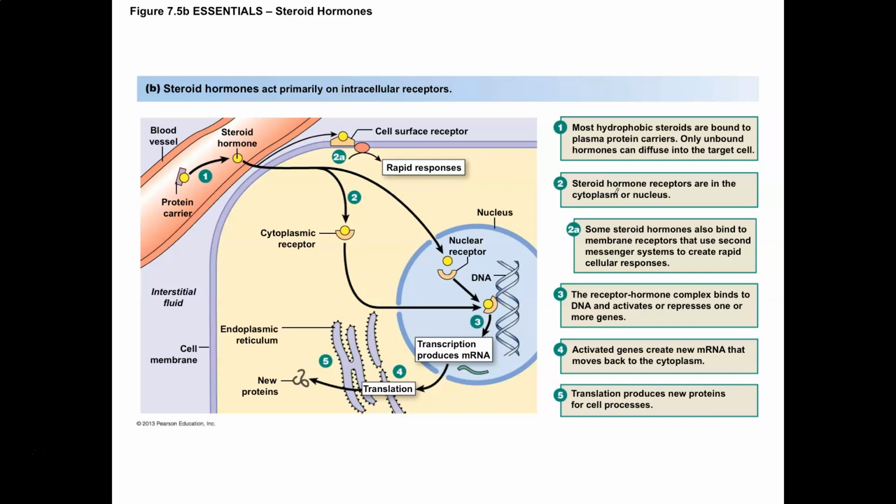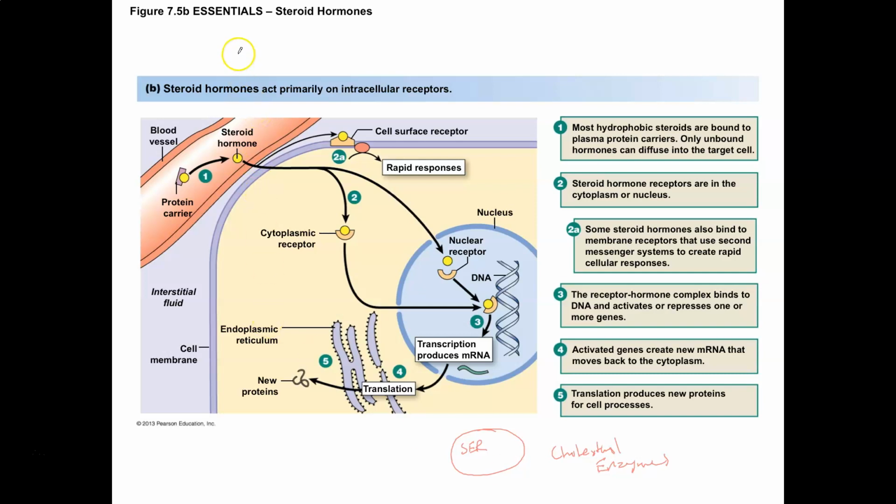So if we had a cell in your adrenal cortex that was synthesizing steroids, there would be a lot of smooth ER in that particular cell, and it's going to utilize the cholesterol and it's going to utilize enzymes. So we're going to take cholesterol and we're going to use enzymes to produce these steroid hormones. And then those steroid hormones can be released into the bloodstream.